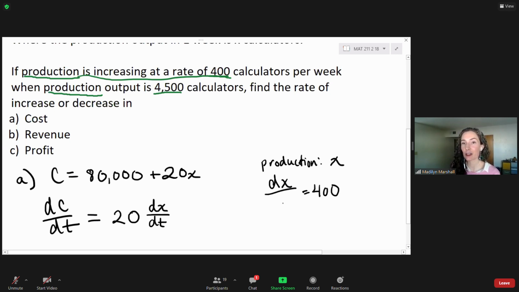And it's increasing per week, which means it's changing relative to time, so that would be dx dt. So dx dt is our 400 calculators per week, because that's how production is changing relative to time. Just x would be the 4,500, since that's how many we're currently producing.